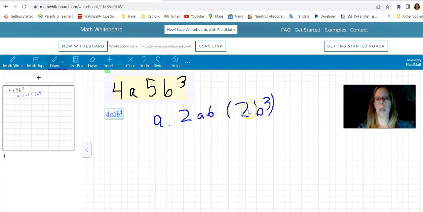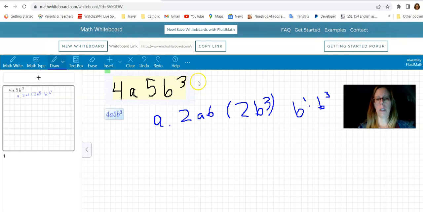Because we're going to do 2 times 2 is 4, ab to the 4th power. So we have 1a, and we have b to the 1st power and b to the 3rd power. When you multiply exponents, you actually add them. So b to the 1st power times b to the 3rd power is b to the 4th power. That's how you do that. So see how these are not the same.